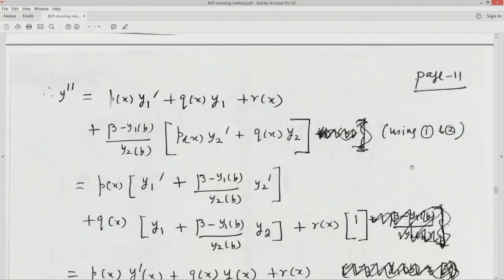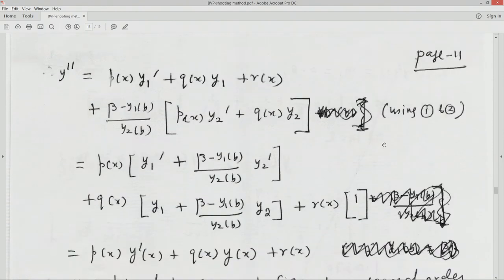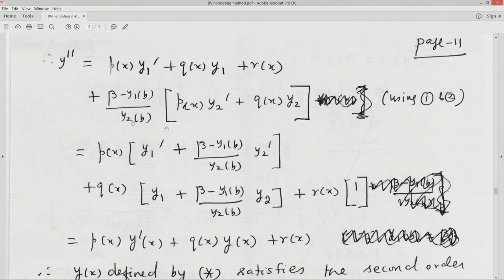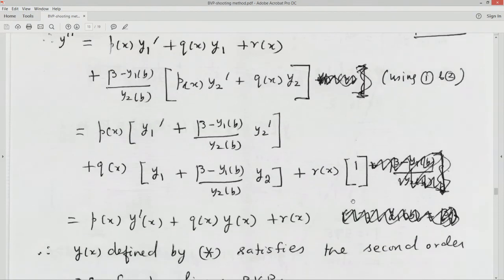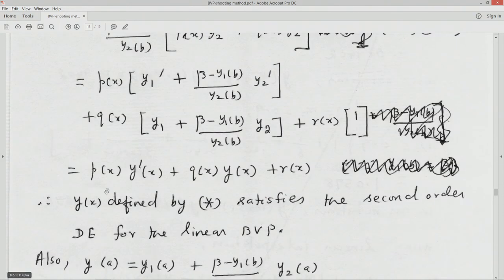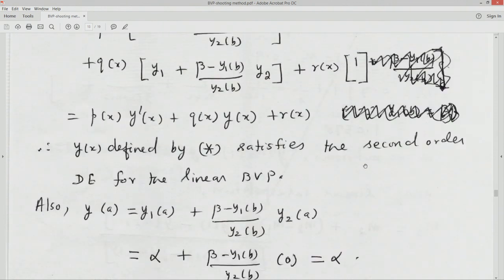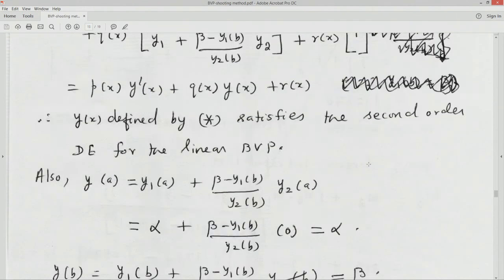So, with that we should now be able to show that our y double dashed of x is equal to the right hand side, namely p of x into y dashed of x plus q of x into y of x plus r of x. So, instead of k, I have substituted that, and so we have been able to show that y of x satisfies the differential equation which governs the boundary value problem.